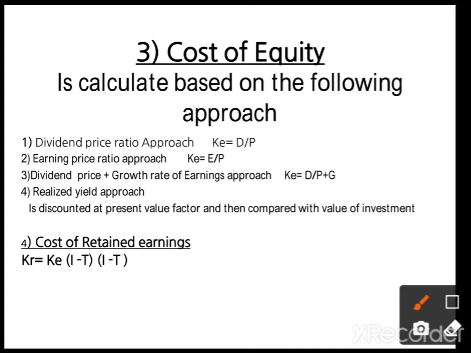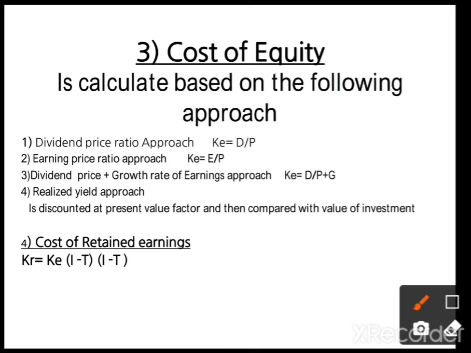The next is most important, that is the dividend price plus growth rate of earning approach. This approach emphasizes what the investors actually receive as dividend plus the rate of growth in dividend. The growth rate in dividend is assumed to be equal to the growth rate in earning per share.